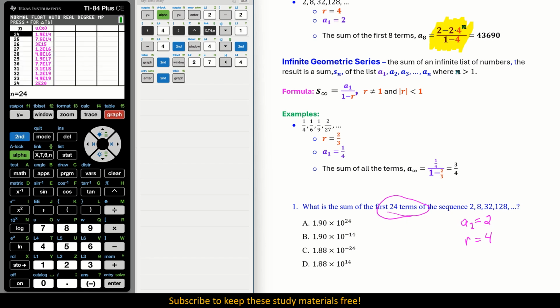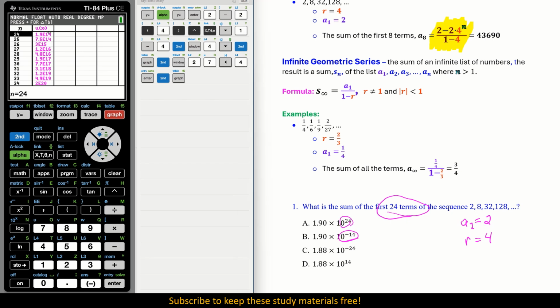Okay, now, looks like we have a rounding situation. Well, A and B say 1.90. Okay. But 1.88 could be rounded to 1.9. A and B have the wrong exponent, and I'll tell you how I know.